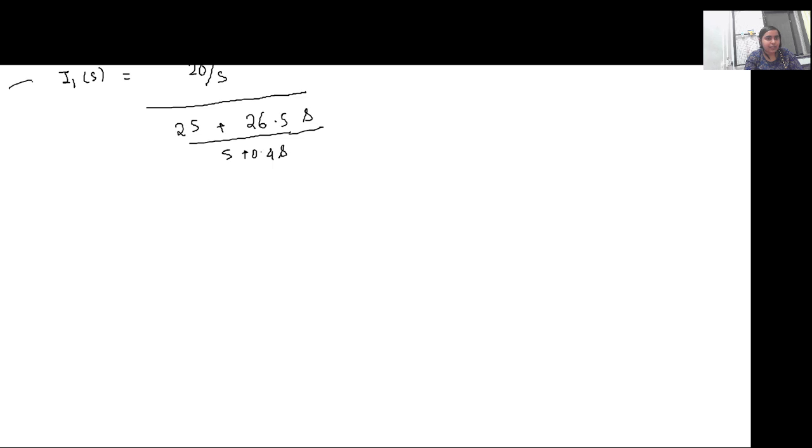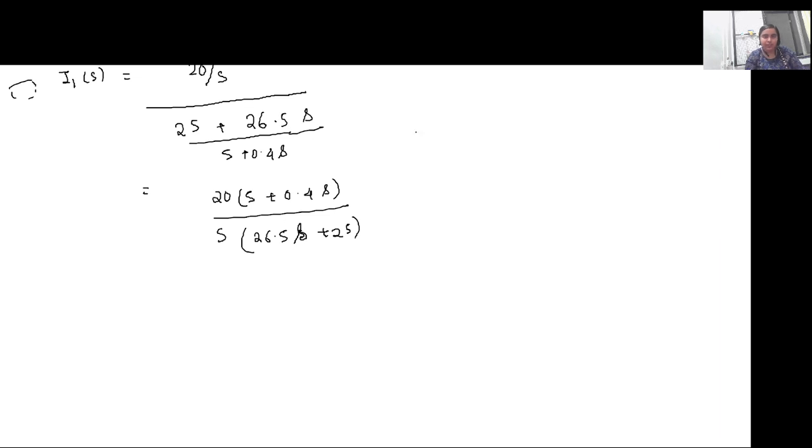This is what we had in here. So we had brought it to the denominator, and now we will simplify. So it is 20 into (5 plus 0.4 s) by s into (26.5 s plus 25). In the denominator we have something into s.